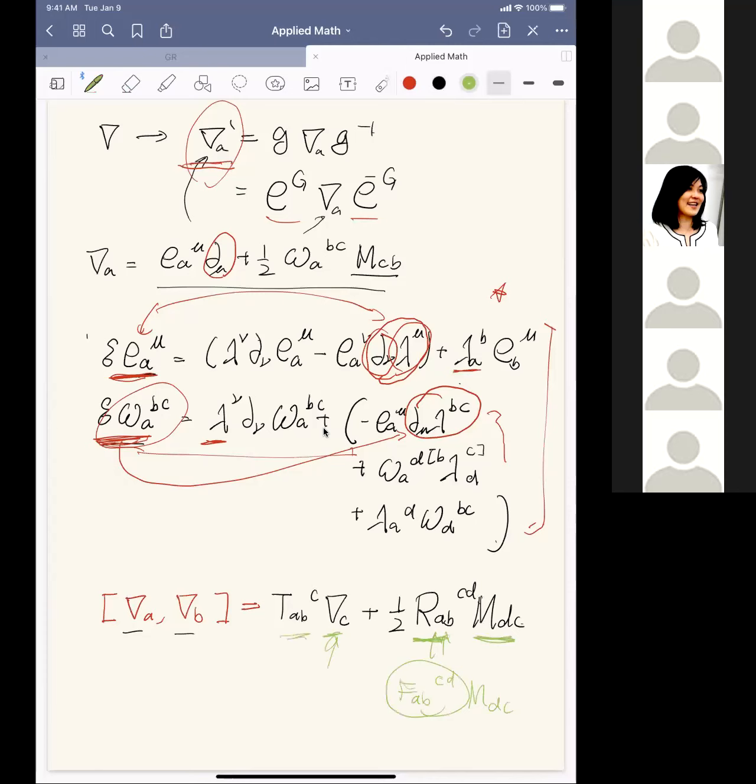The reason you might have this term is related to the fact that one of the generators of the symmetry group we're talking about is translation. Okay. As some of you probably already guessed, this is precisely the Riemann tensor.